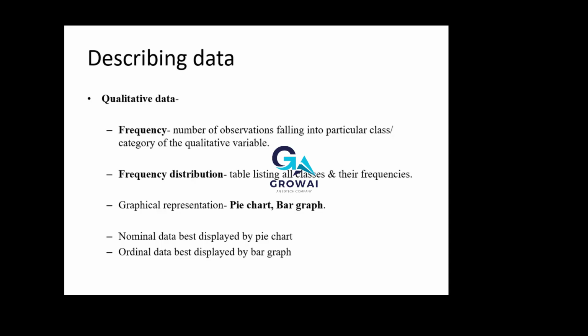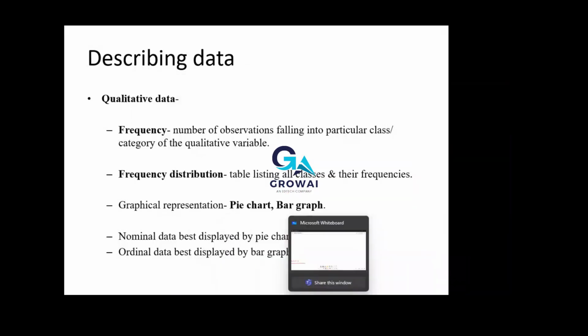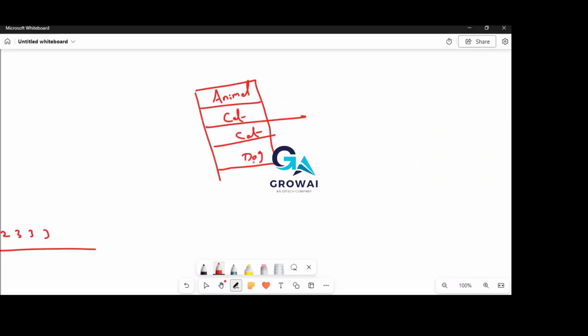I will give one example use case. Let's say you have a table which says animal. So you have cat, cat, then dog, dog.